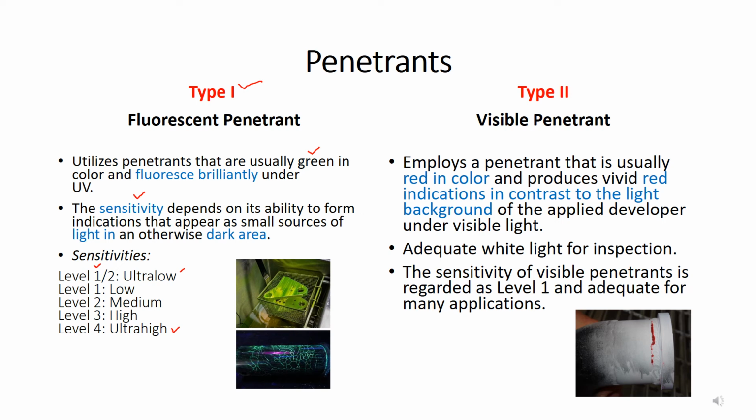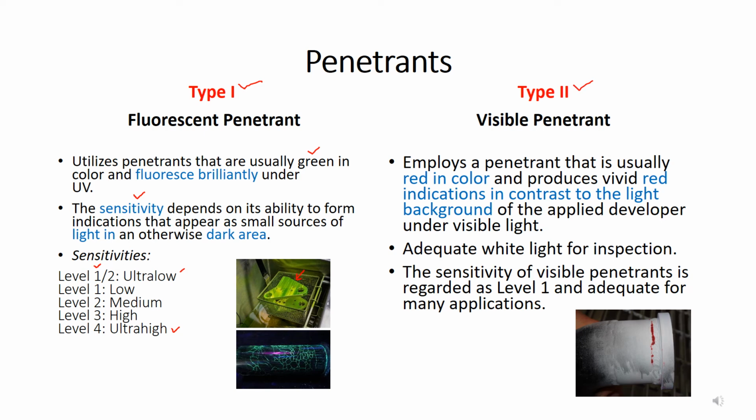Here you can see this part is glowing in green color because it is being seen in the ultraviolet light, and these are fluorescent, so fluorescent materials glow under the ultraviolet light. Then we have the visible penetrant. These penetrants we generally see with the naked eye.